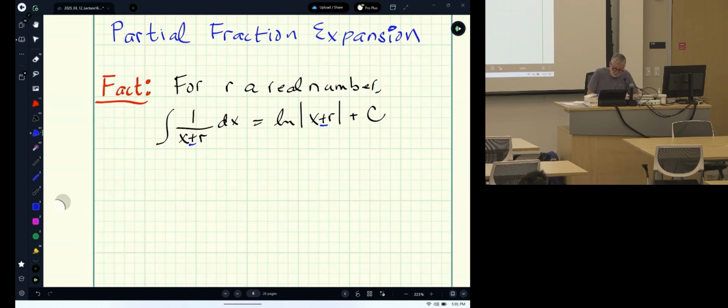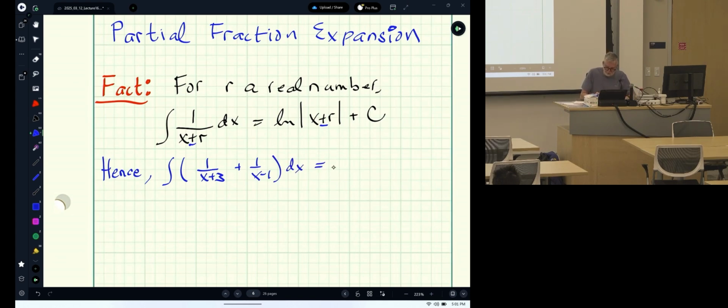Okay, that's easy enough. Hence, if I ask you for the antiderivative of 1 over x plus 3 plus 1 over x minus 1 dx, you go, ha, ha, ha, that is a triviality, and you simply write down natural log absolute value of x plus 3 plus natural log absolute value of x minus 1 and the famous constant. You go, that's a total triviality.